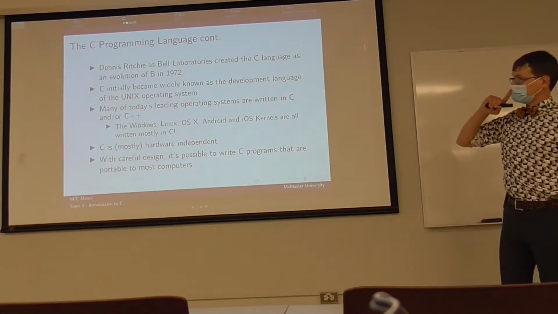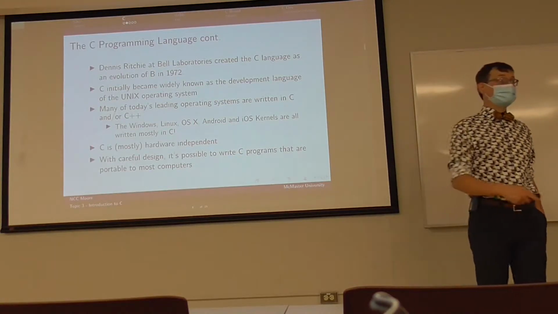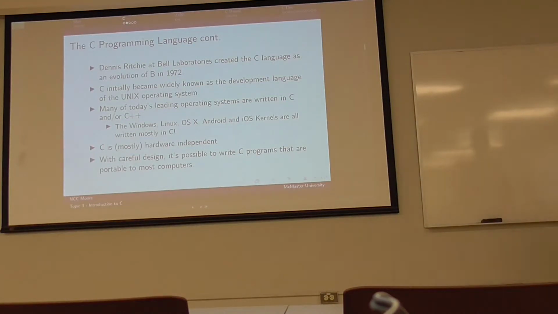Dennis Ritchie at Bell Laboratories created the C language as an evolution of B in the year of our Lord 1972, which means that this year, the C programming language is 50 years old and still in use, which should indicate to you how good the language is. It's not like languages get old and die. Nobody really uses COBOL anymore, right?